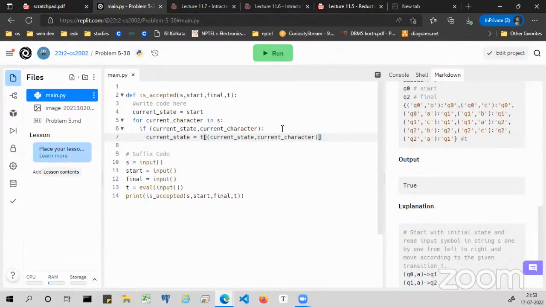Just taking that, from whichever current state and current character to whichever state I go, that state I am storing as the new current state. And from that again I would repeat the same process.